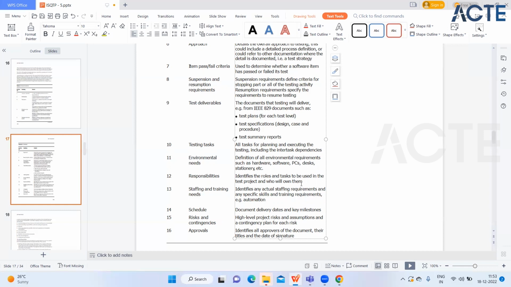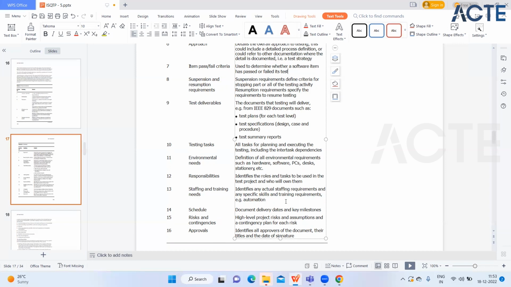Now after that, we'll be having staffing and training needs, which identifies any actual staffing requirements and any specific skills and training requirements. Example, if you have to automate things, then who will be the main responsible person, and if you have to provide training to other team members as well, then you will define that under staffing and training needs.